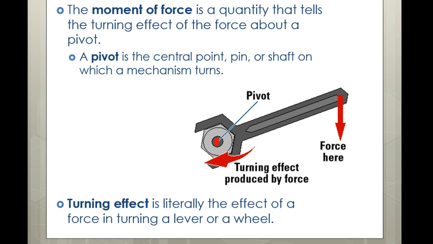And the turning effect is literally the effect of a force turning a lever or a wheel. So in this example, we have a wrench. If I apply a force right here, it's going to cause this whole wrench to twist like this around the pivot, because the pivot is anchored and cannot move, but whatever is on that pivot can rotate.